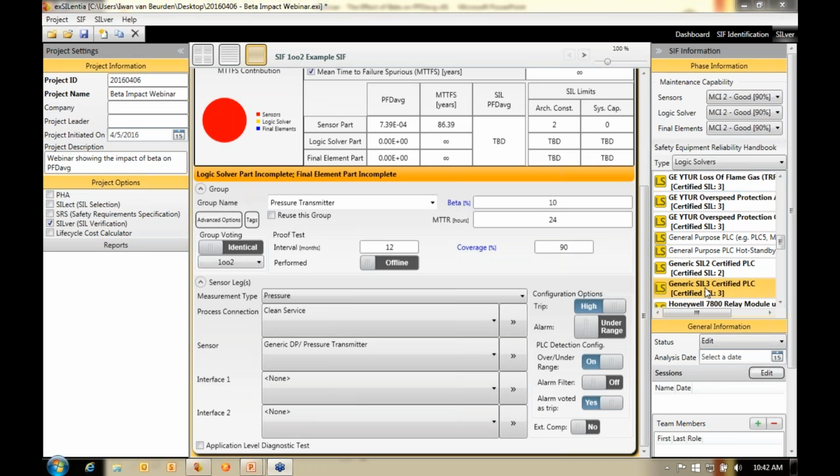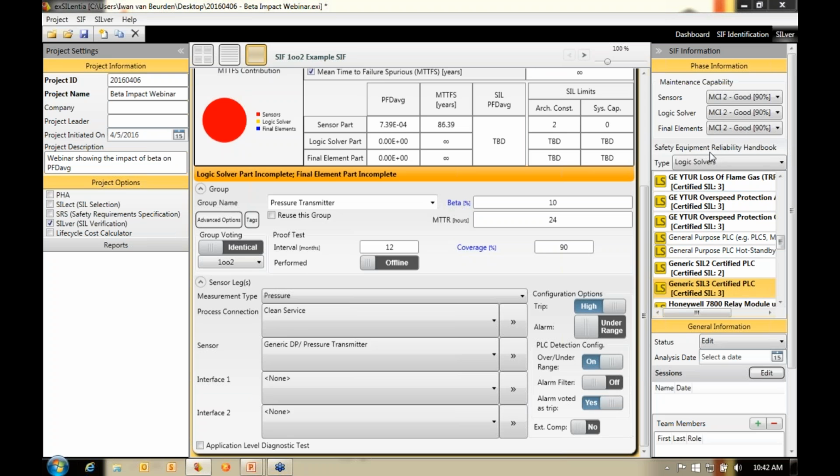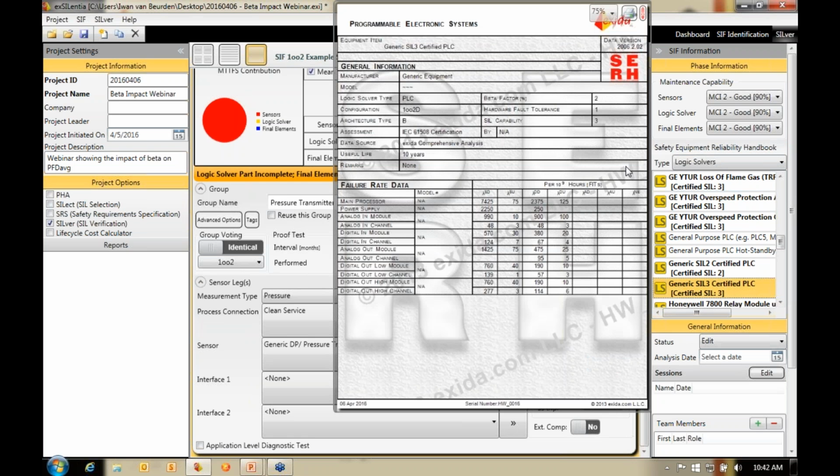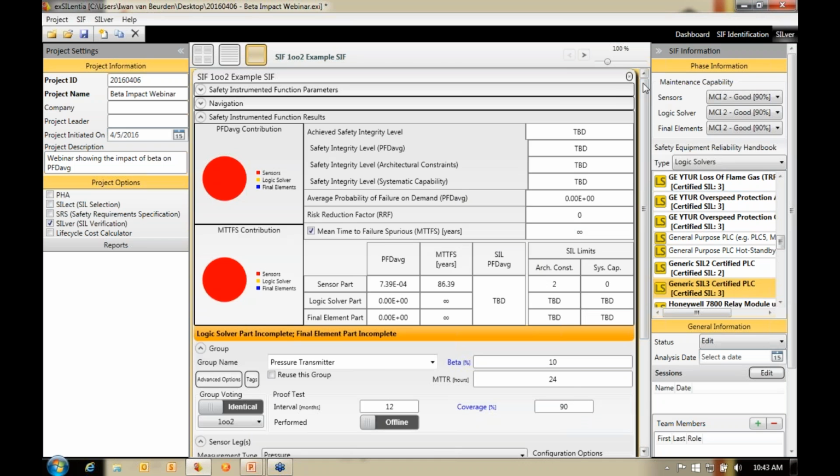One of the things you will see when you look at a data sheet is that the beta factor is embedded with the logic solver. So for logic solvers, we don't have a beta estimator. It's just simply part of the data table that we have in the tool for that particular logic solver. For sensors and final elements, you can determine it yourself.